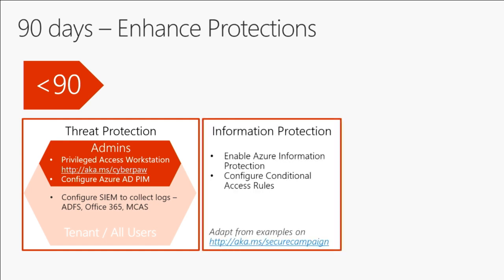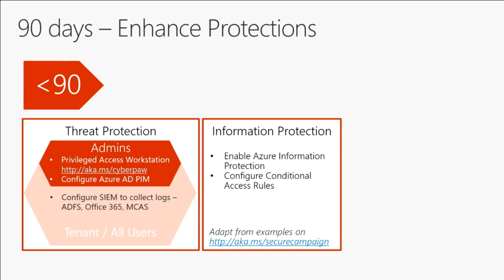So in the information protection space, again, we're going to refer you back to the aka.ms secure campaign document we talked about earlier. There's a great set of reference rules for general conditional access for the whole tenant, as well as Azure Information Protection rules for those really sensitive documents that we mentioned earlier, those key strategic, high impact, the proverbial $1 billion document, making sure that you have all the right encryption, the phone home capability, the tracking, the revocation in Azure Information Protection.